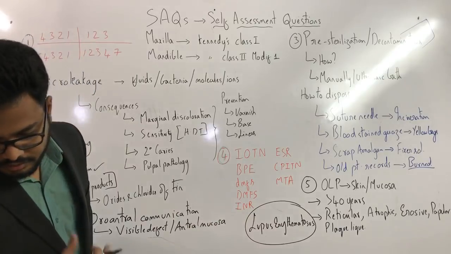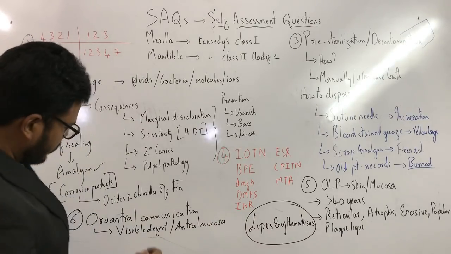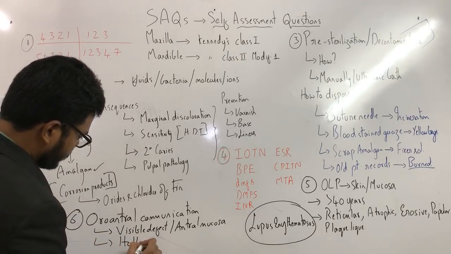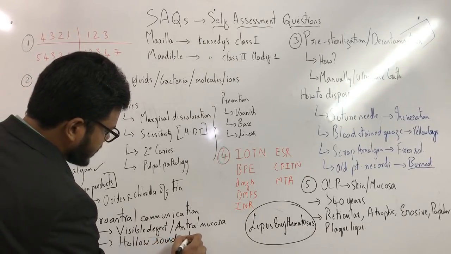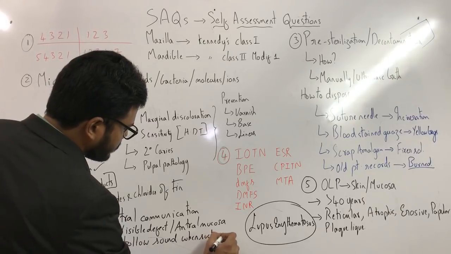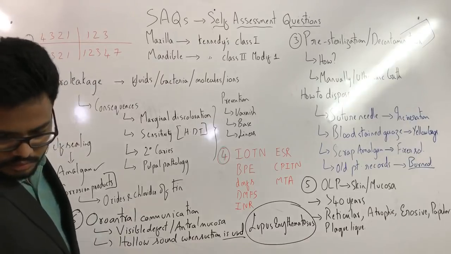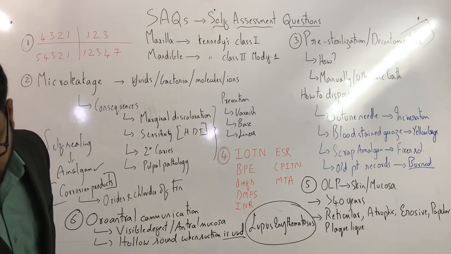There can be a visible defect or antral mucosa, and also there can be a hollow sound when suction is used. Right, so these are some of the signs and symptoms of an oroantral communication.